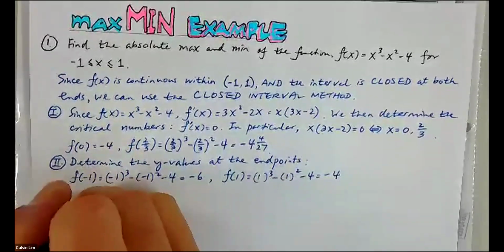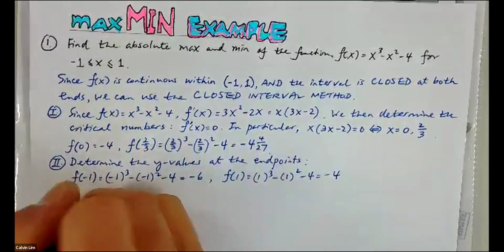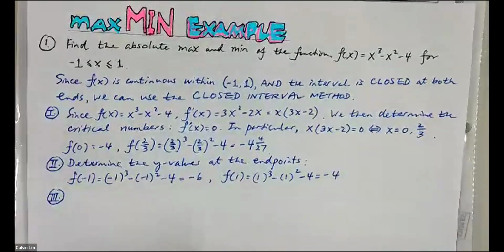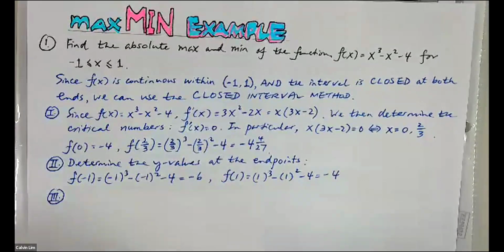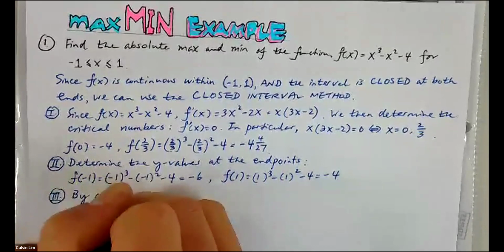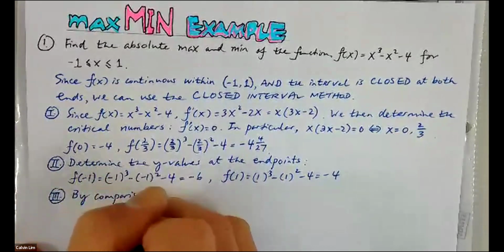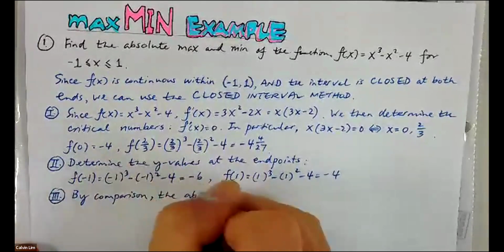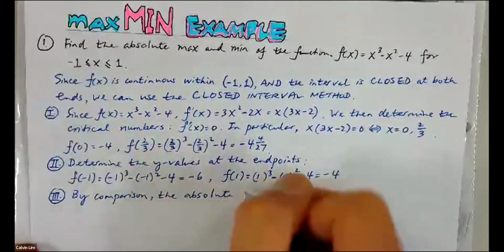And step number 3, what's left to be done is just comparing the y values at the critical points as well as at the endpoints. But you have to specify that you are making these comparisons by using the phrase "by comparison, the absolute max."